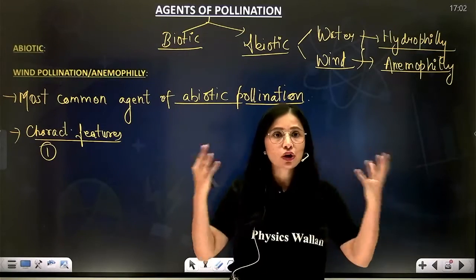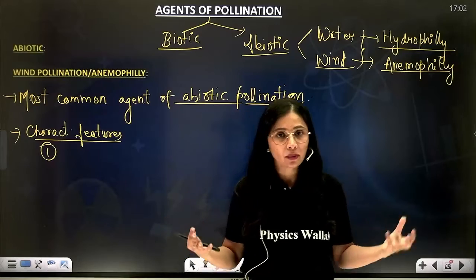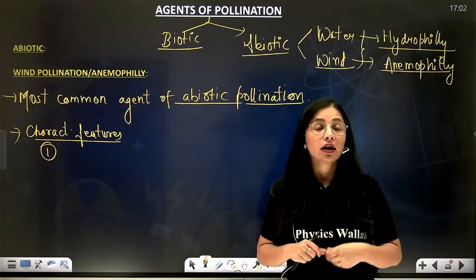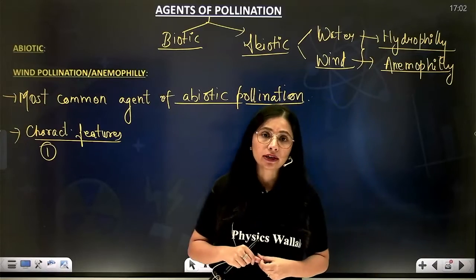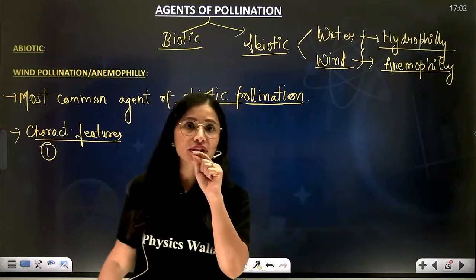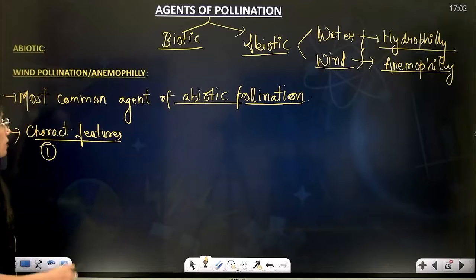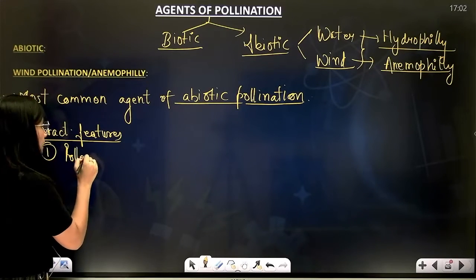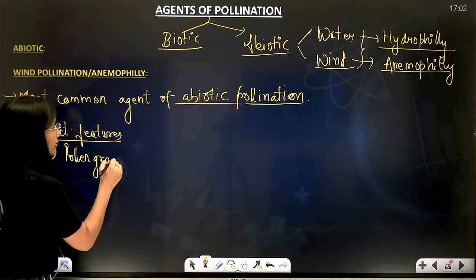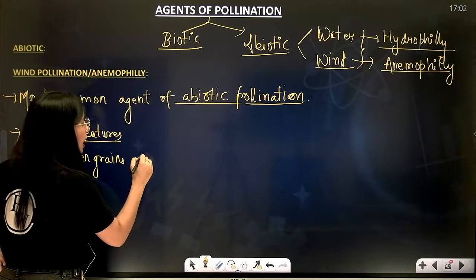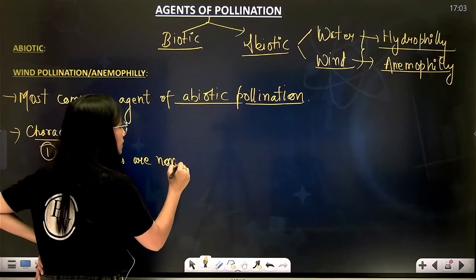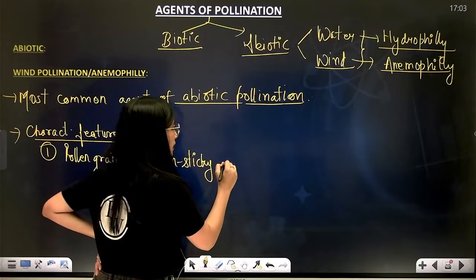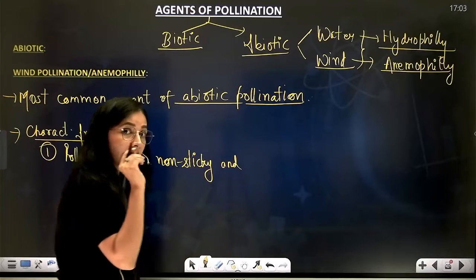Their mass is not going to increase. They're not going to become heavy in weight, and hence they can be easily swayed away by the wind. So the first characteristic feature for wind-pollinating plants is that pollen grains are non-sticky and light in weight.